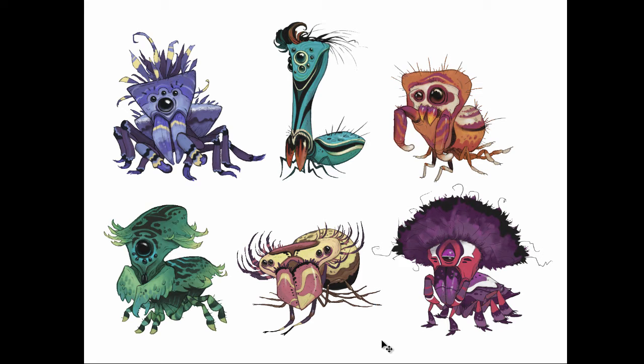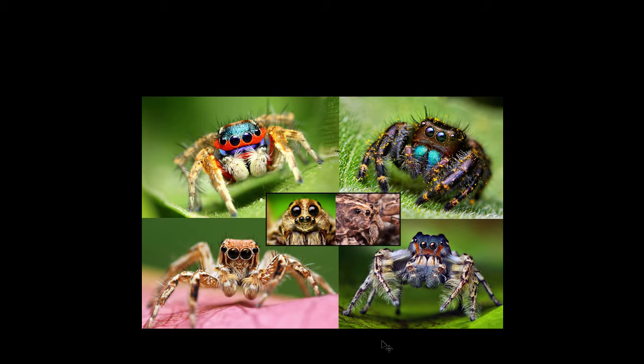And a lot of that really did come from reference and recognizing what makes a spider at the same time as being free enough to explore shapes and ideas and not being too grounded to the realities of real research. And here you can see a lot of the inspiration from the boxy shaped heads on the bottom left.